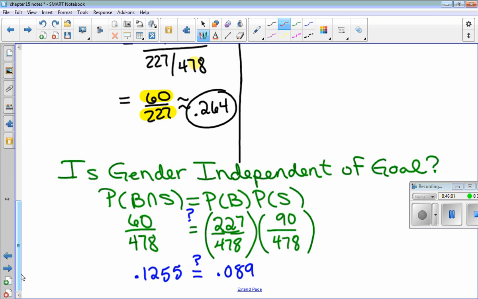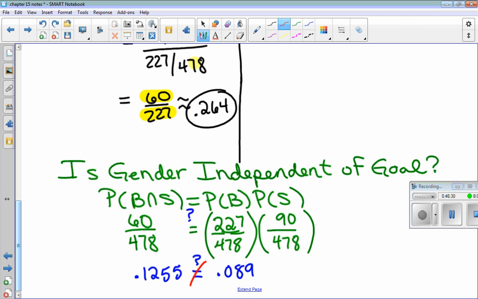Now, how close is close enough? What if I had 0.123 on the other side? That's pretty close. These are definitely not close. I'm not going to give you a rule that it has to be within a hundredth; you have to make that kind of educated guess on your own.